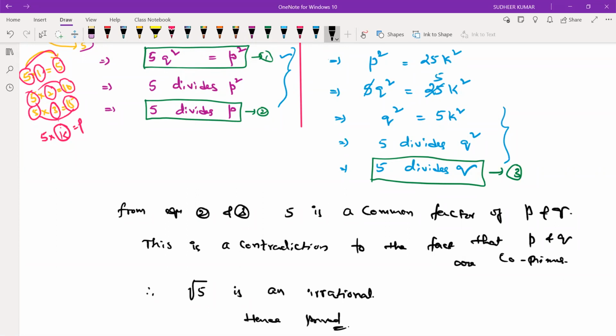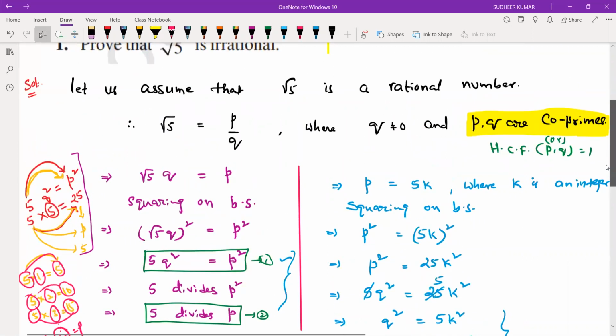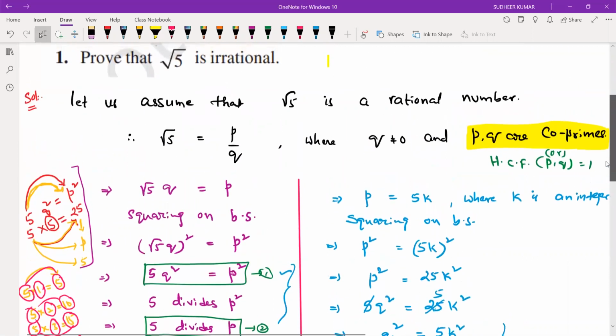Now, if you have any doubt in this solution, ask me. We'll discuss it. Is it clear to you all? Right. If it is clear, the process from the beginning till the end is the same for all the remaining numbers, either root 2, root 3, root 5, root 7, root 8, root 10, whatever it is.